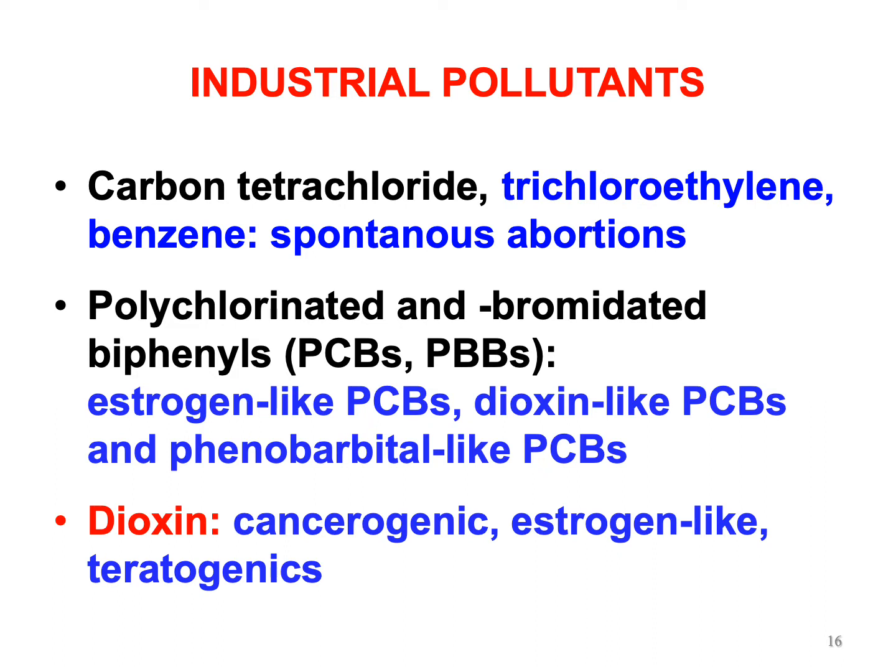And the first two groups are likely to cause abortion. The dioxin is itself a group of chemicals with cancerogenic, estrogen-like, and teratogenic characteristics. And all the three are able to provoke abortion.